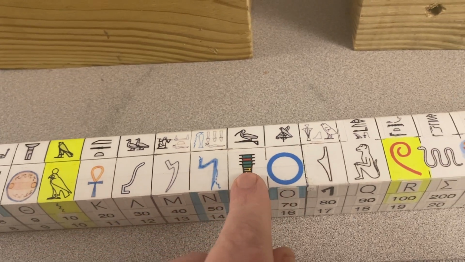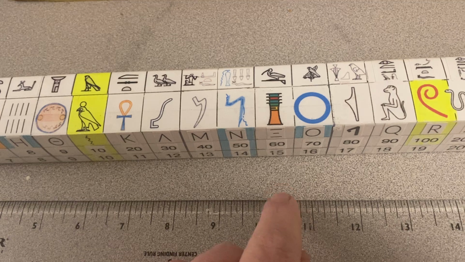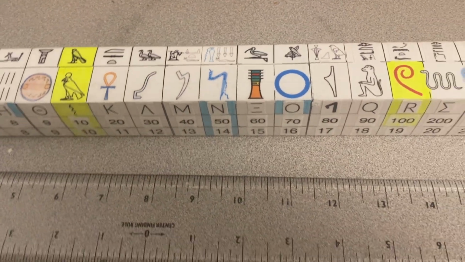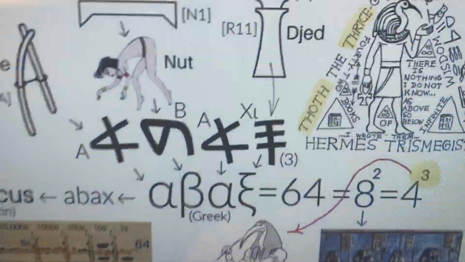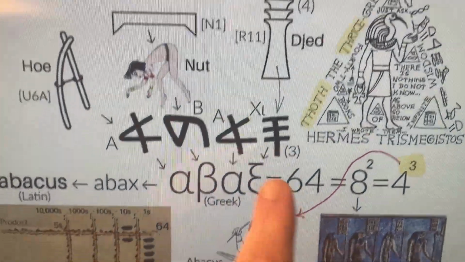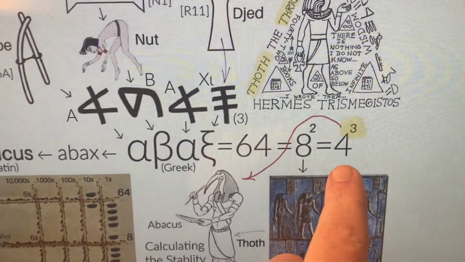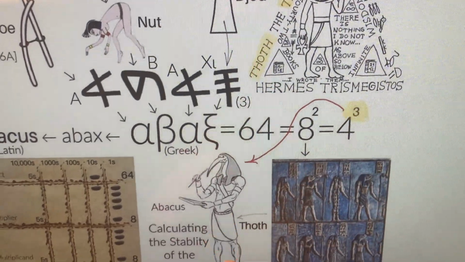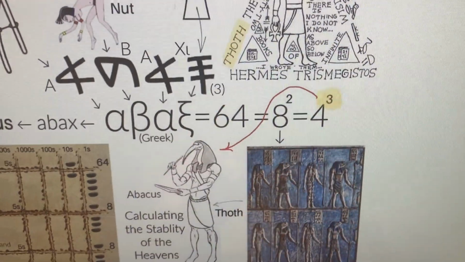So that's how we get the etymology of the word abacus. Plus 60, plus 1 plus 2 plus 1 gives us 64, 8 squared, or 4 cubed, which is where we find the cipher for thrice great Hermes.